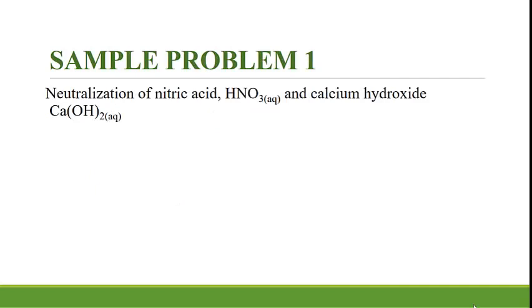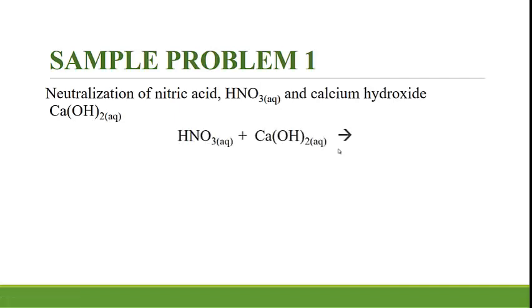We know that we're going to combine HNO3 plus calcium hydroxide, and what's going to be our two products? We're going to have a salt and a water. So H and OH are going to form our water, and then our salt's going to be calcium and NO3. Okay, so remember, calcium has a +2 charge, NO3 is a -1, so I'll take that into consideration.